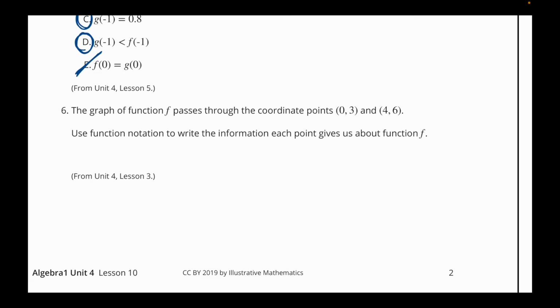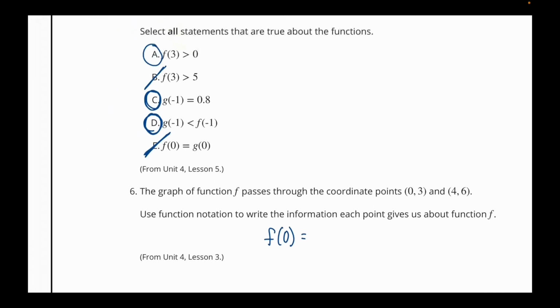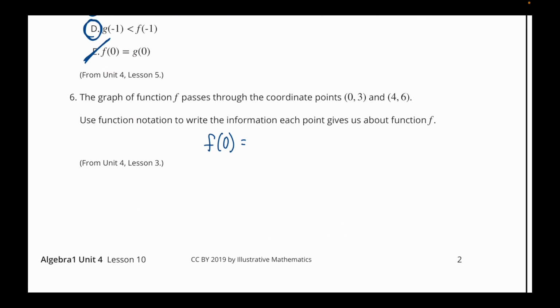So here we're actually going to say f of 0 is equal to 3. And f of 4 is equal to 6. And here I was literally going to write these as sentences in English. That's what you get if you don't read things closely.